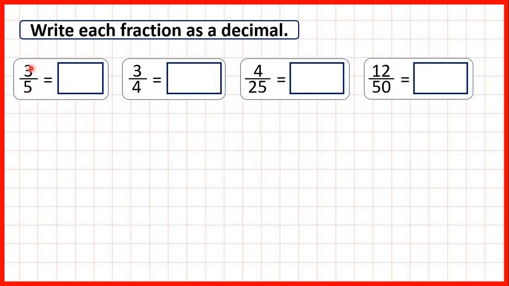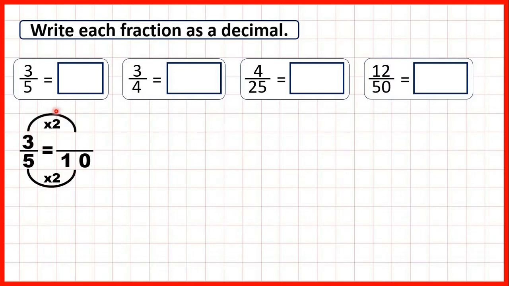So first we have 3/5. Now 10 is a multiple of 5, so we can find a fraction equivalent to 3/5, which has a denominator of 10. We use multiplication to find equivalent fractions, and 5 times 2 is 10. What we do to the denominator, we do to the numerator as well, and 3 times 2 is 6.